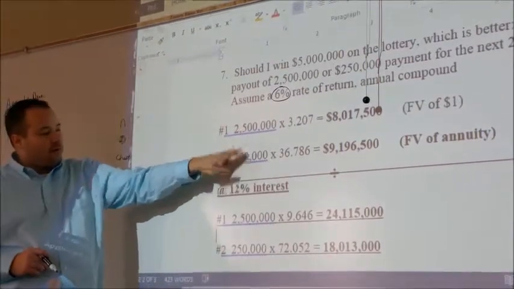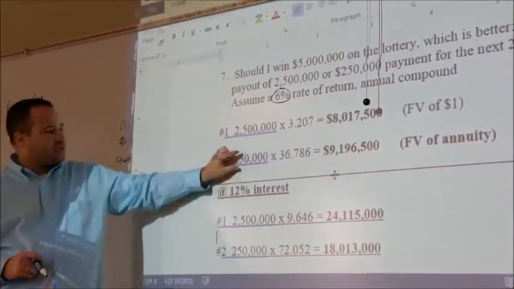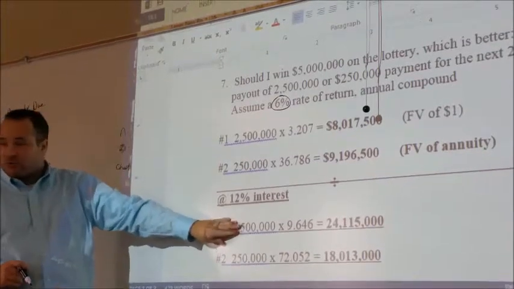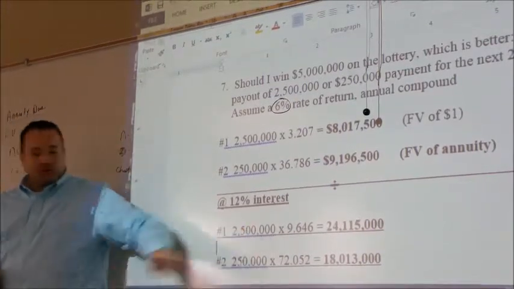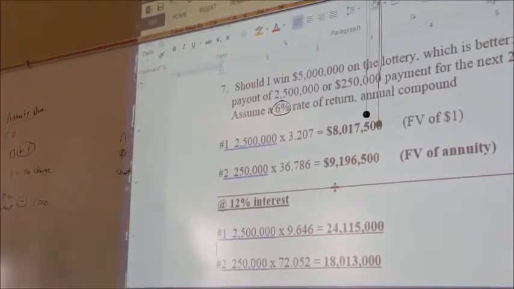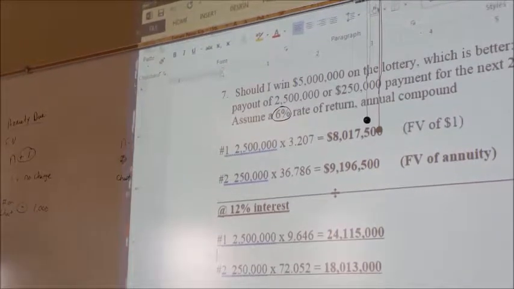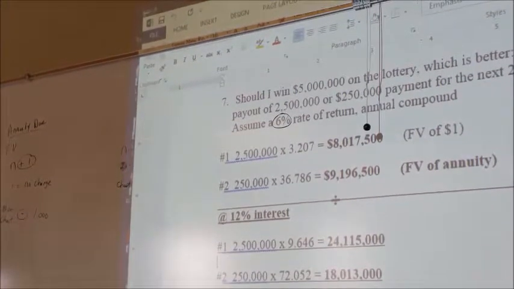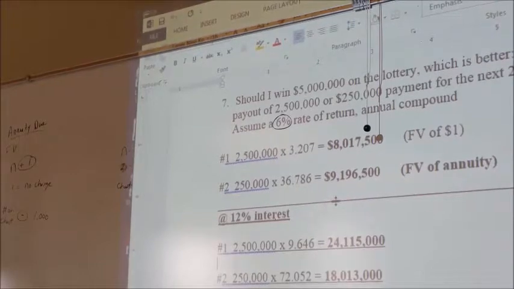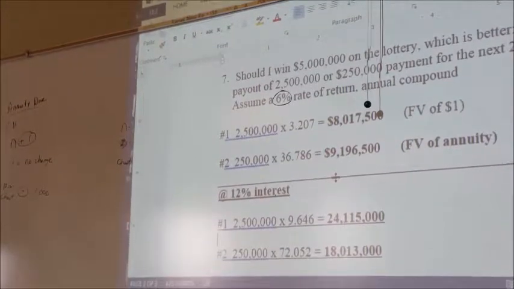You're going to do better if you get all of your money, even though you get a smaller interest. Here, your interest rate's so high that even if you do take a 50% cut, you're going to more than make up for it with that nice high interest rate. That's the reasoning behind it.